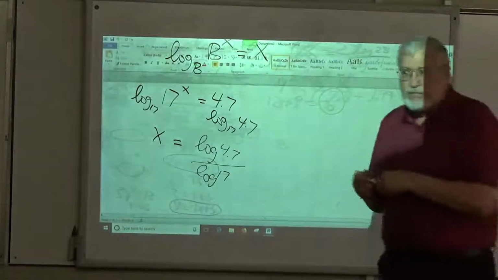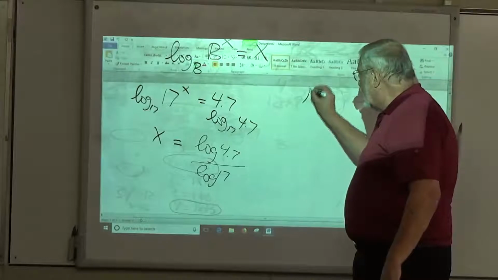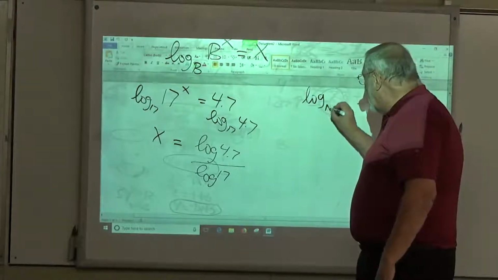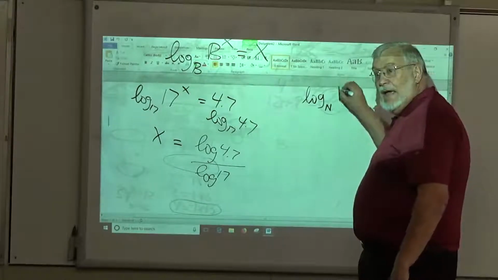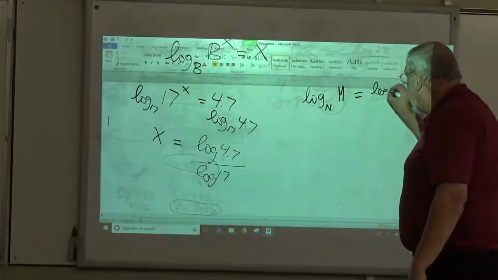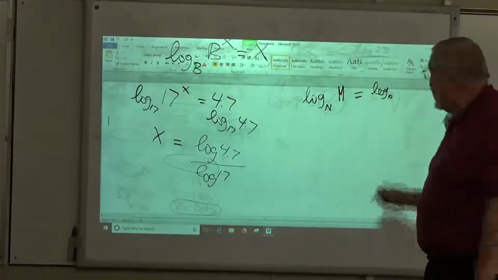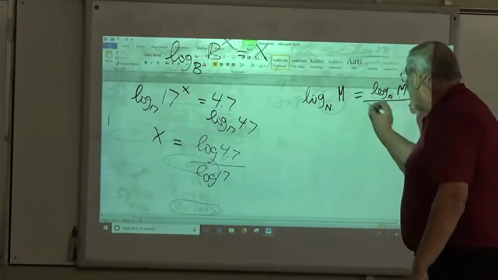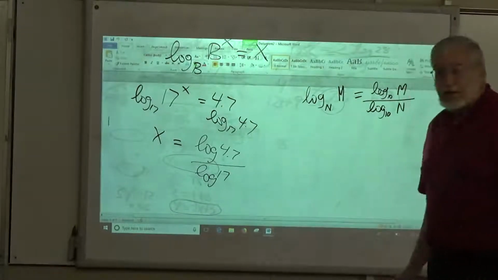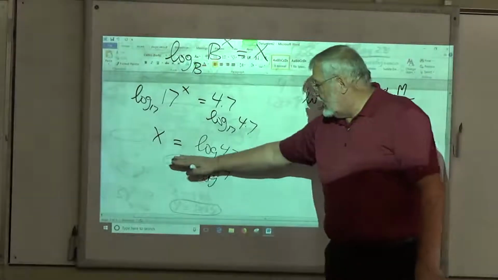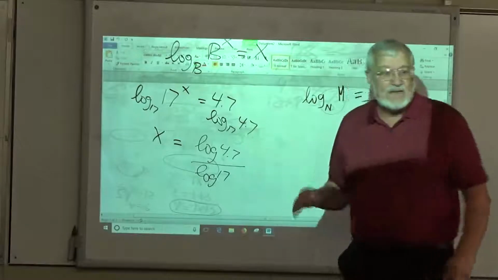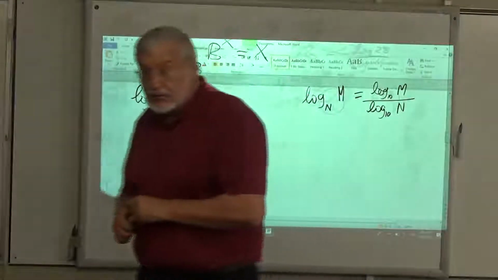Okay. What does number 4 say? Log base n of m equals log in base 10, which is our calculator, of m divided by log in base 10 of n. So whenever I have log 17 of 4.7, I don't have anything in the calculator I can do.